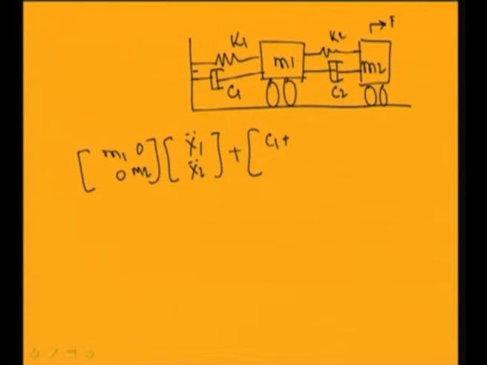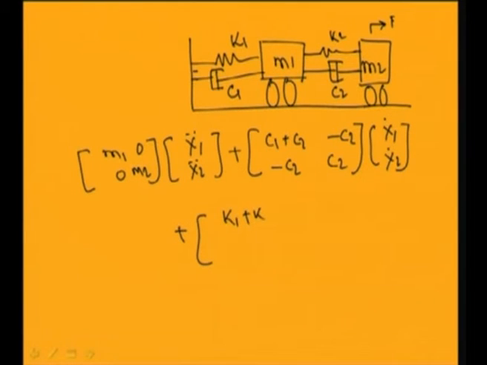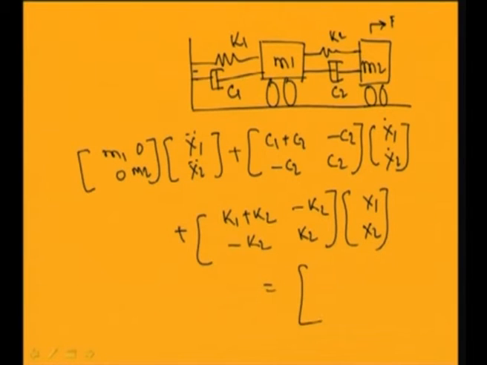So this becomes [C1 plus C2, minus C2; minus C2, C2] into x1 dot, x2 dot, plus [K1 plus K2, minus K2; minus K2, K2] into x1, x2, equal to 0 for mass 1, since no force is acting on mass 1, so this force term becomes 0, and as a force F sin omega t is acting on mass 2, this becomes F sin omega t.